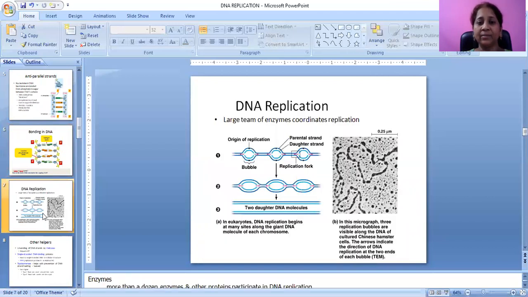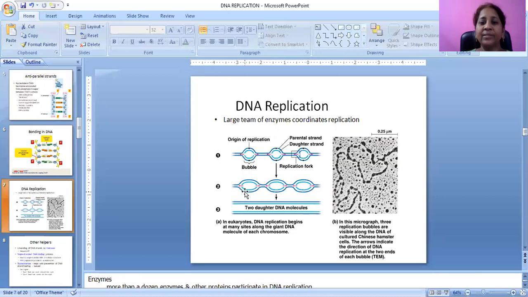DNA replication. A large team of enzymes coordinates replication. First, at the origin of replication, a bubble should be formed. Afterwards, the parental strand, then the daughter strand, and the replication fork should be formed. After the replication fork is formed, the daughter strand is formed, in different directions.